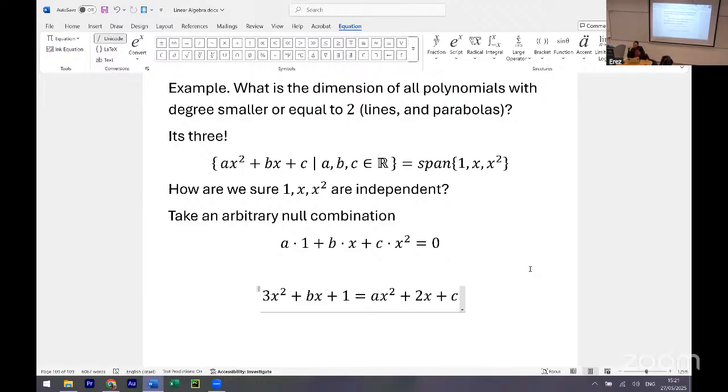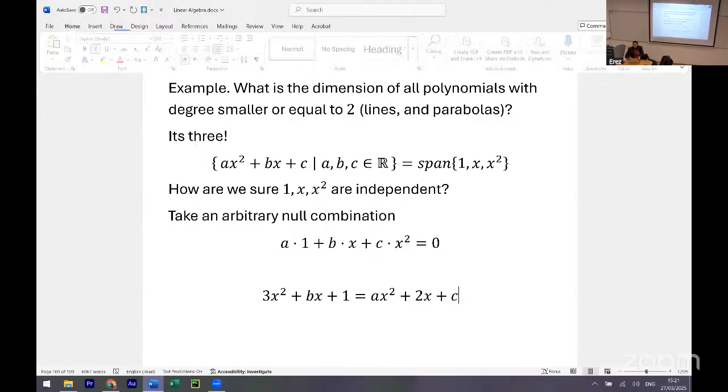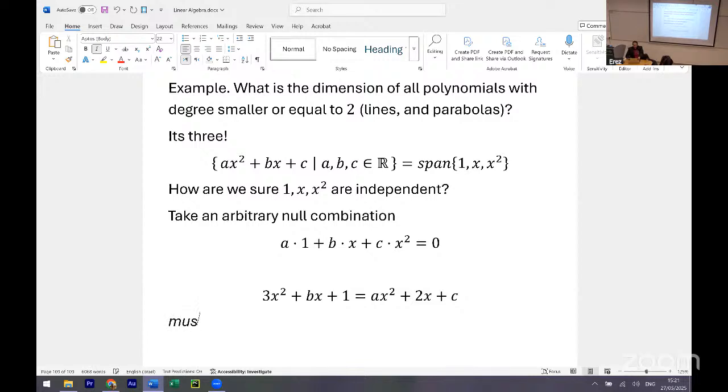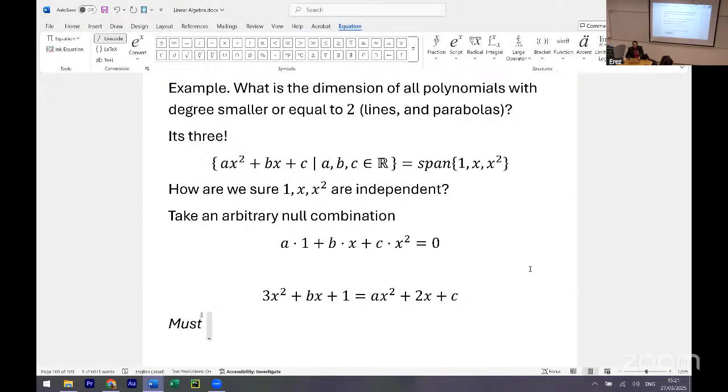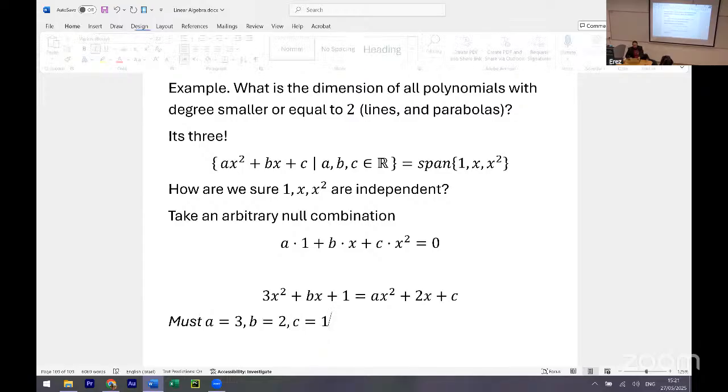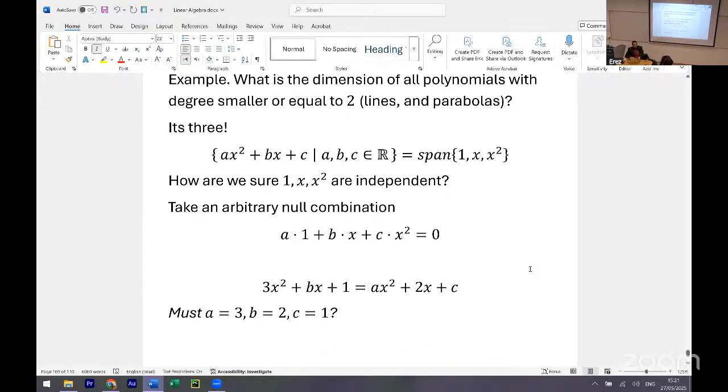A is 3, B is 2, and C is 1. How can you be sure? Obviously, I agree with you that if you plug in A equals 3, B equals 2, and C equals 1, it will hold. But that isn't a must. Must A equal 3, B equal 2, and C equal 1? Yeah. Why?